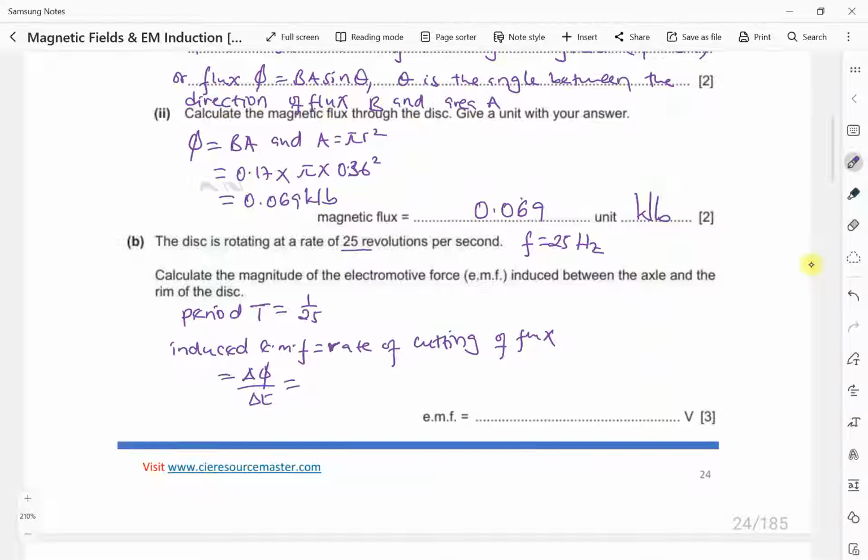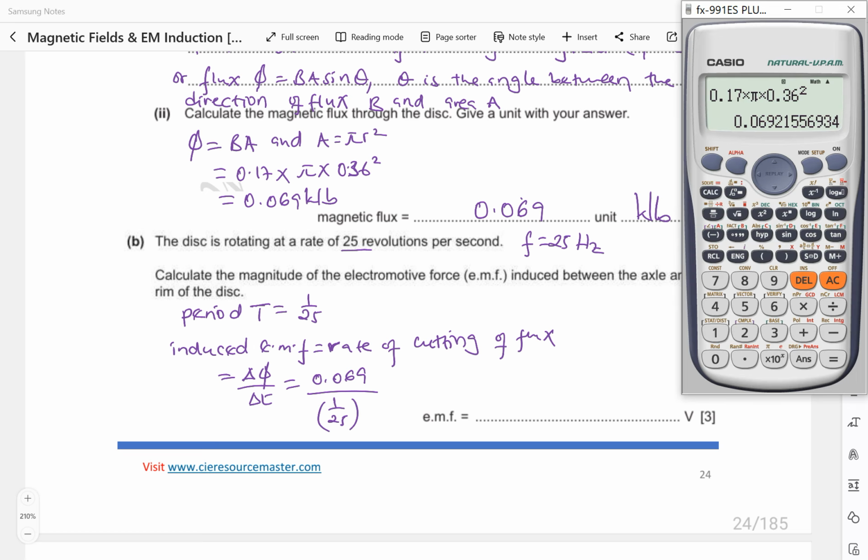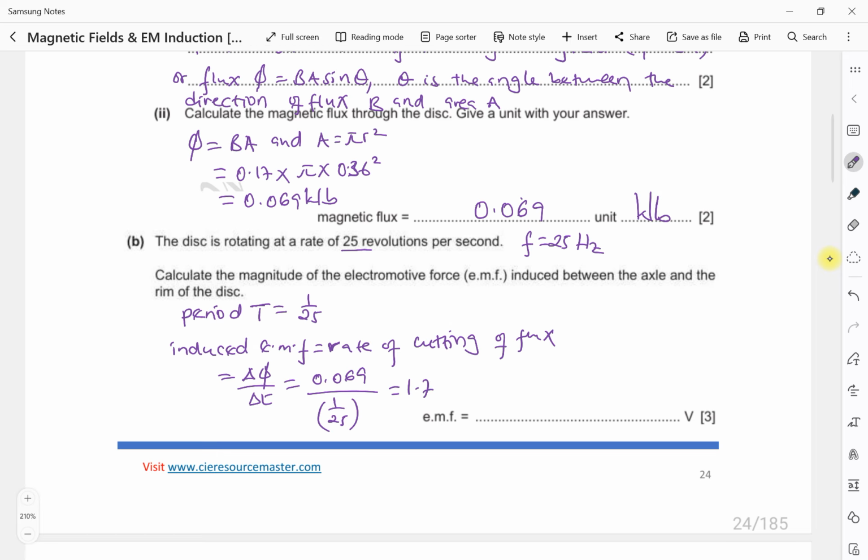The change in flux is 0.069, and the time in 1 complete period is 1 divided by 25. That is in 1 cycle, because in 1 cycle the flux changes between 0 and 0.069. So that is 0.069 times 25, which is 1.7725 volts. So this is going to be 1.7 volts.